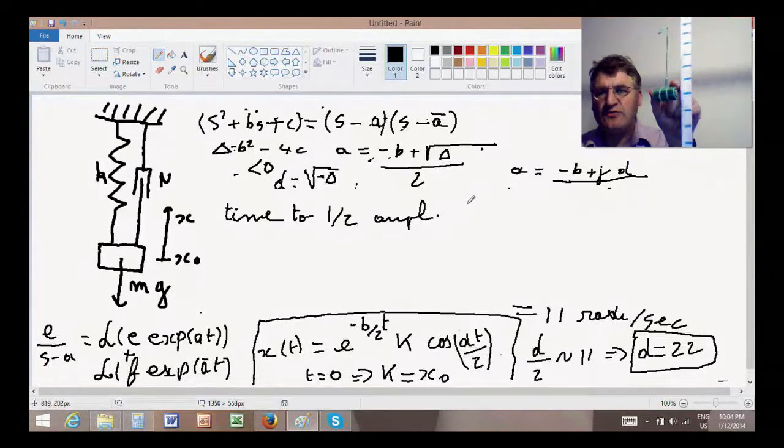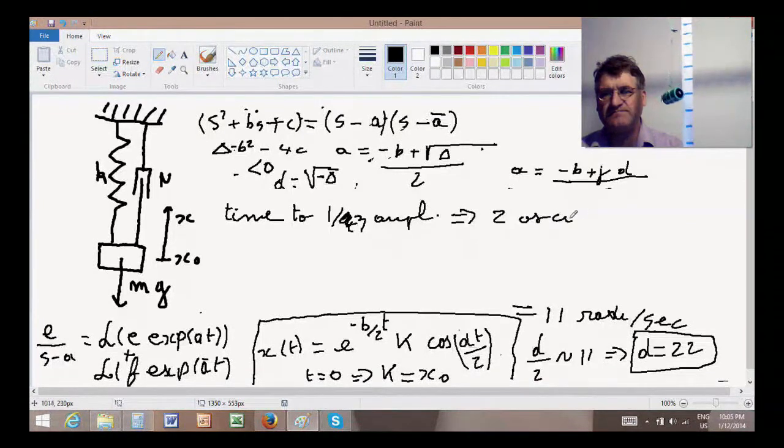Notice that we could do the time to 1/2 amplitude or time to 1/3 amplitude. Now 1/3 amplitude would be from here, 1, 2, 3. Okay, so it seems to take 2 oscillations to get to 1/3 of the amplitude. Remember, we start here, we let go, and yes, it clearly seems that if we go to a third of the amplitude, we get there in 2 oscillations.